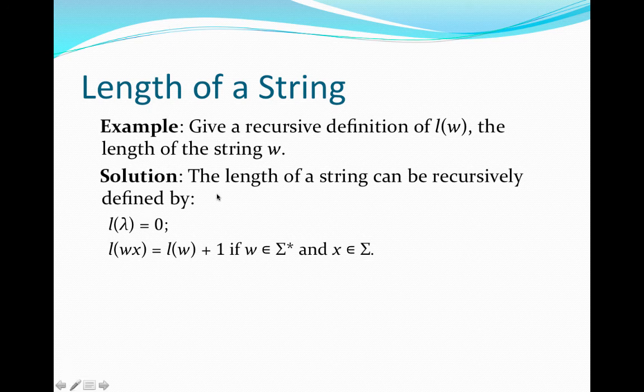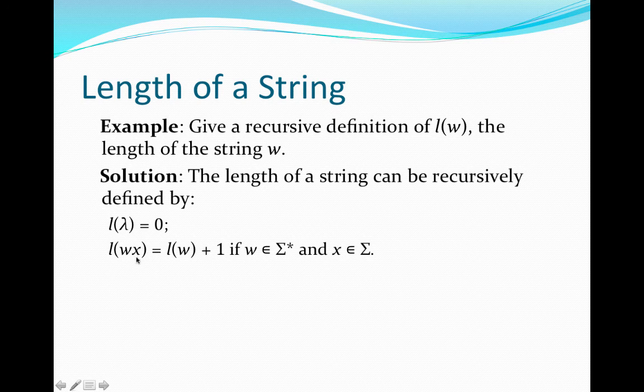Let's go through a particular example with our bit strings. The length of the empty string is 0, and notice how we form new strings: we add 0 or 1 to the right of the empty string. So our next elements are lambda 0 and lambda 1.